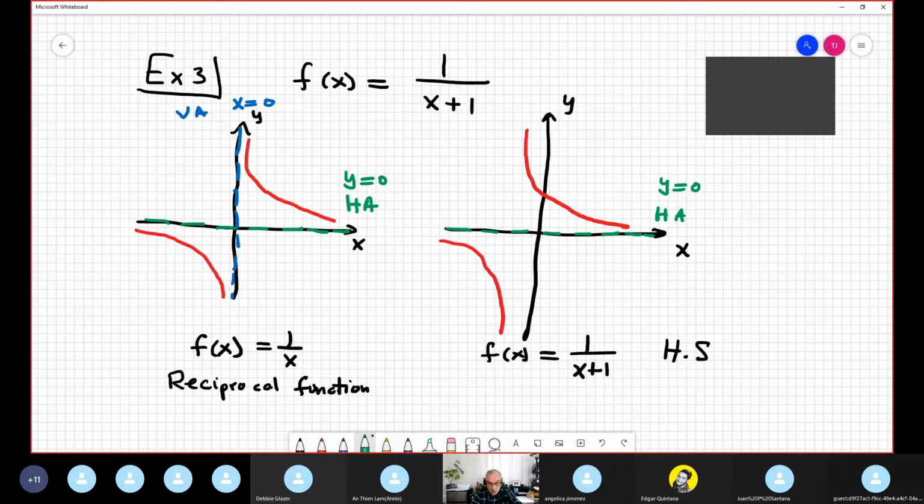In other words, the motion was horizontal and the horizontal asymptote stays the same. However, the vertical one moves to -1 because it's to the left.